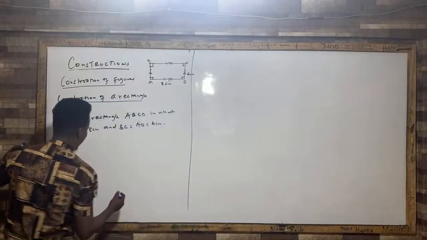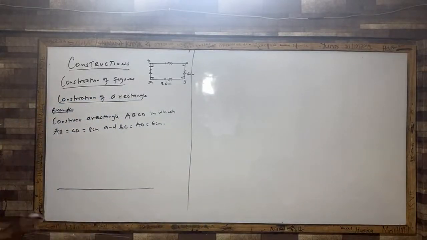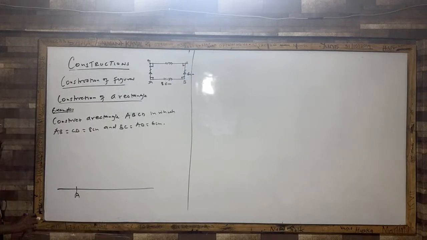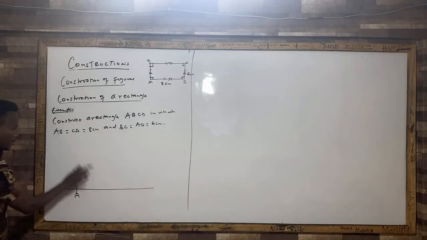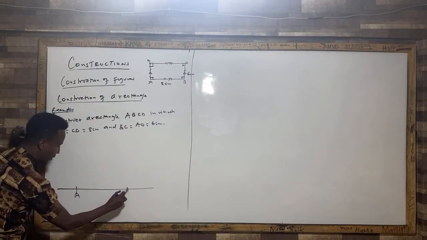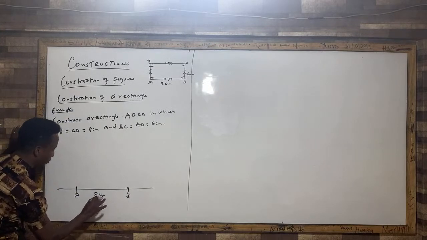Draw your straight line. This is a sketch here. Mark a point and call it L. Remember this line is 8 centimeter, so let me assume that this is A, then this is B. So this is 8 centimeter.